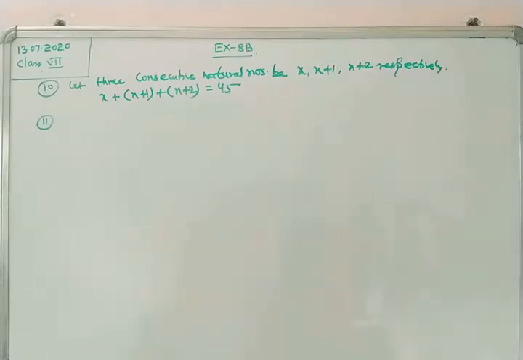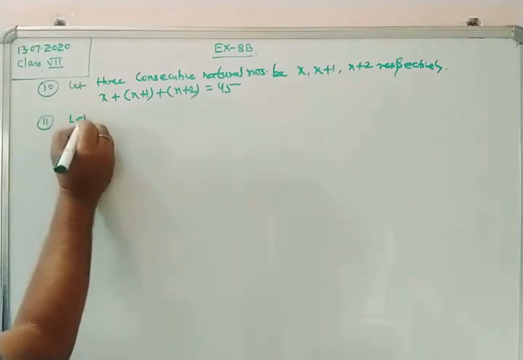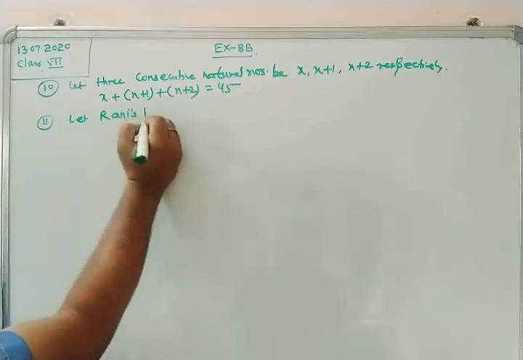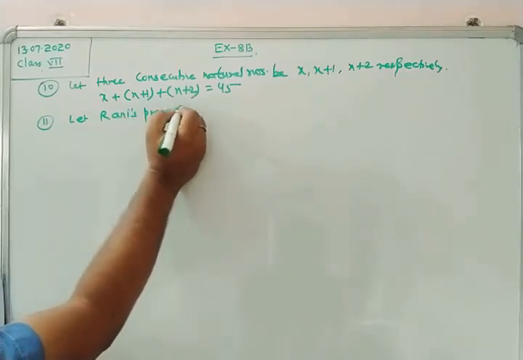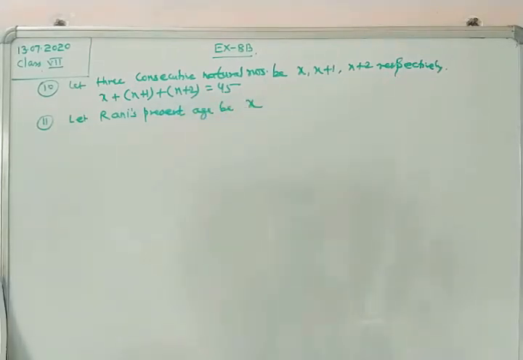Now, age problems. The age of Rani's father is 7 years more than 3 times the age of Rani. Alright. Let Rani's present age be x. Okay.